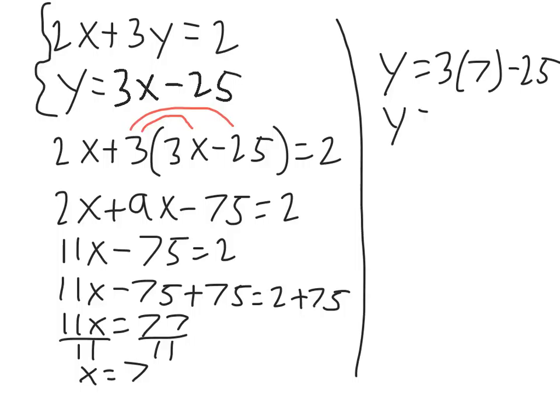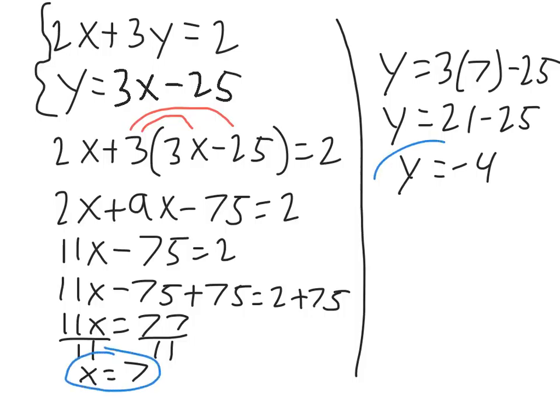So y equals 21 minus 25, so y equals negative 4. So our answer is x equals 7 and y equals negative 4. And as an ordered pair, it would be the point 7, negative 4.